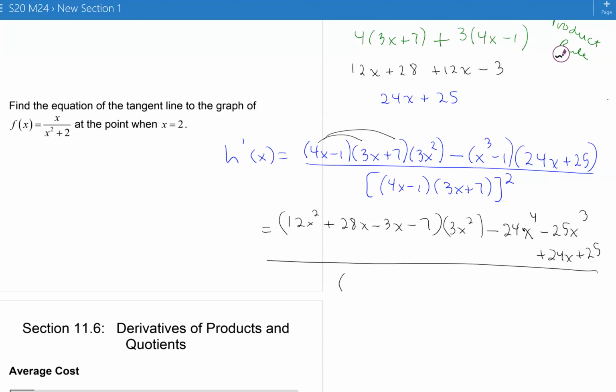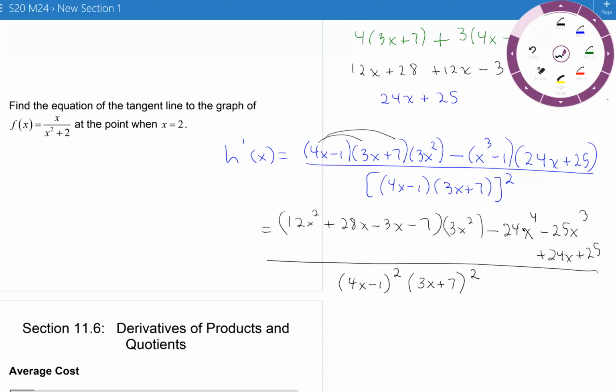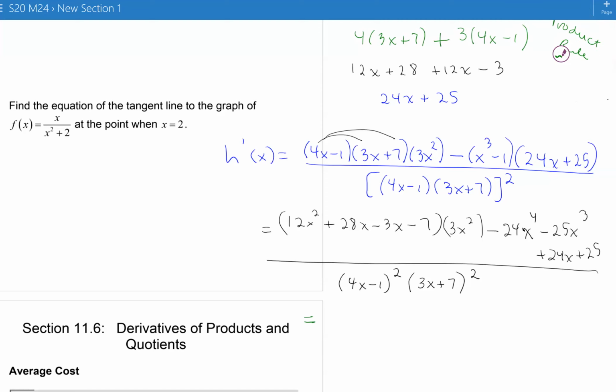Sorry, I ran out of space there. And then what I was saying earlier is you can use the product rule of exponents and write this as 4x minus 1 squared times 3x plus 7 squared, and that sometimes will make it so things will cancel. I don't know in this case.